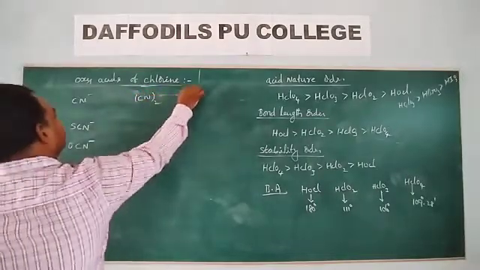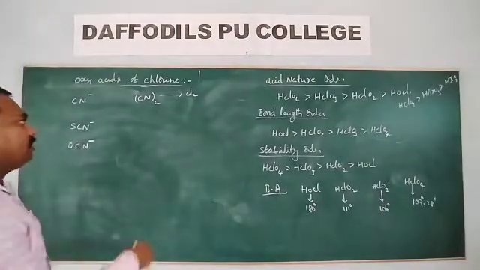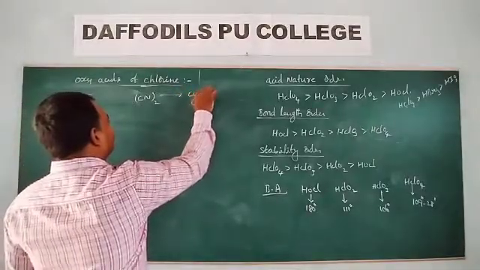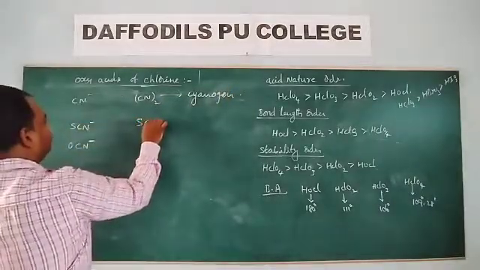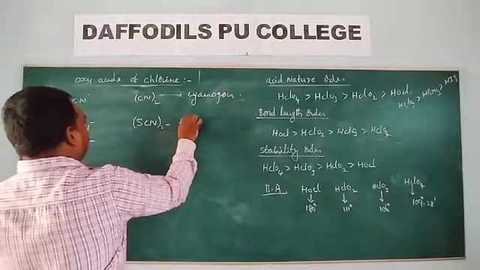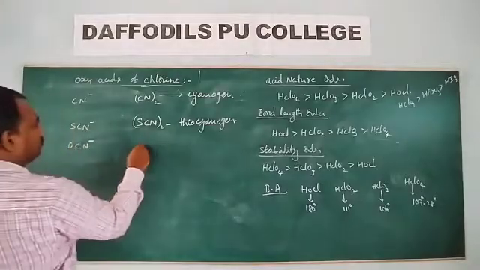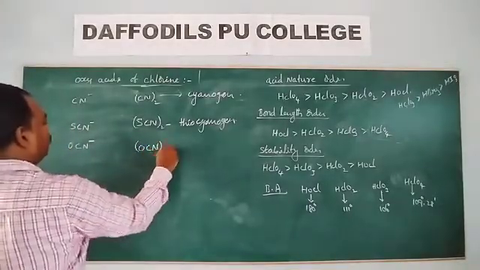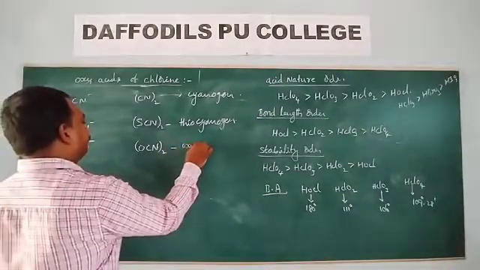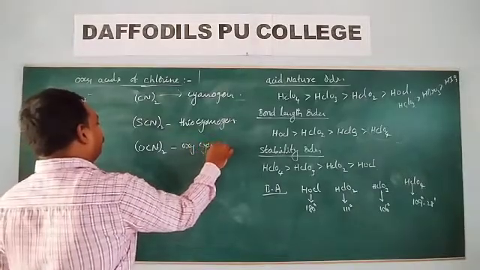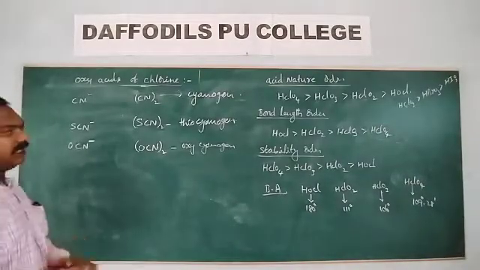Imagine this one like Cl2. Its dimeric form is (CN)2, which is called cyanogen. This is thiocyanogen, and this is oxycyanogen. Okay, so CN minus behaves like a halogen.